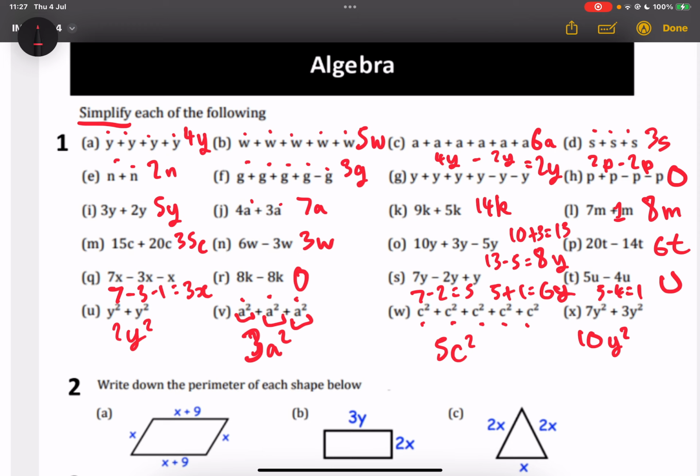Okay, next is 7. I'm just checking whether average half of it is 1 over 2.